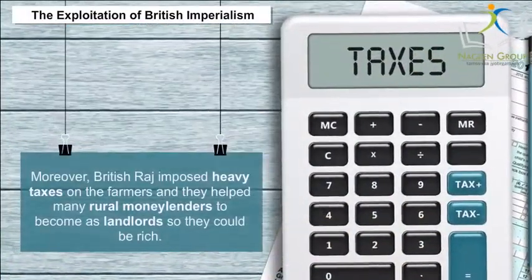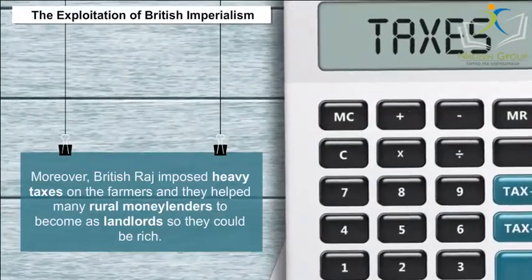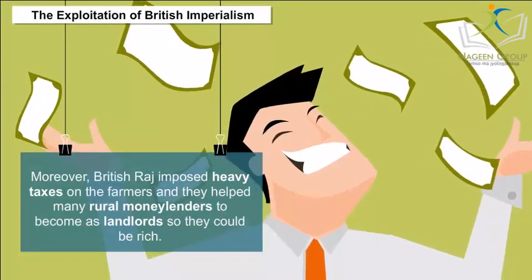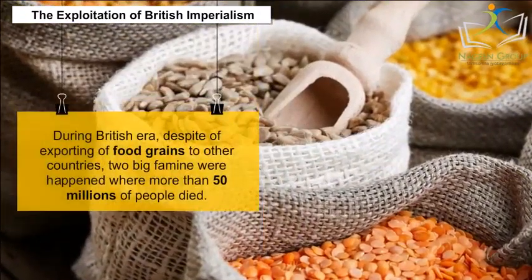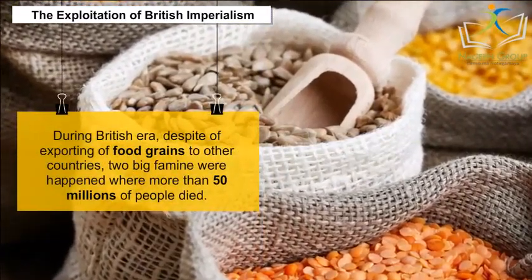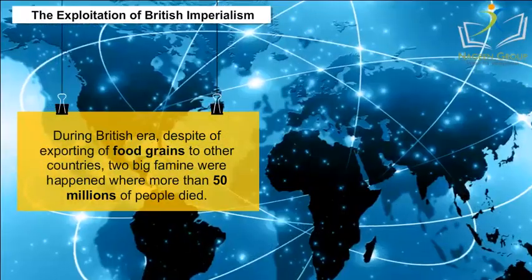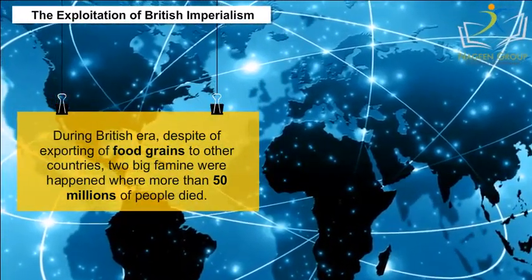Moreover, the British Raj imposed heavy taxes on the farmers, and helped many rural money lenders become landlords so they could be rich. During the British era, despite the export of food grains to other countries, two big famines happened in which more than 50 million people died.